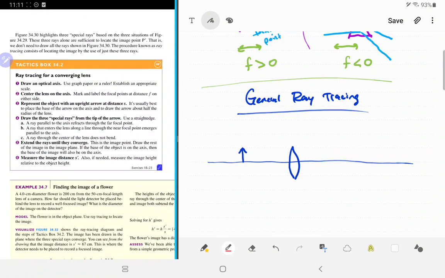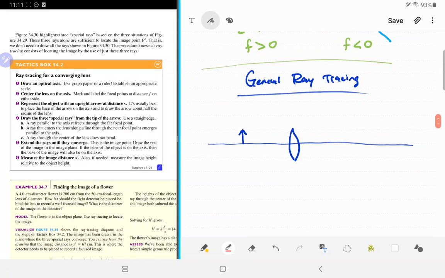Principal rays, special rays. We'll keep a list as we draw them. Principal rays, or what your book calls special rays. If you're using another textbook, principal is also how they describe it.